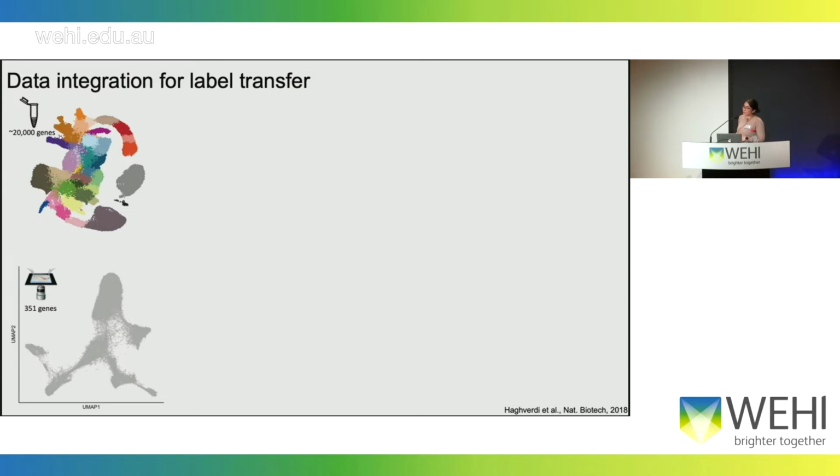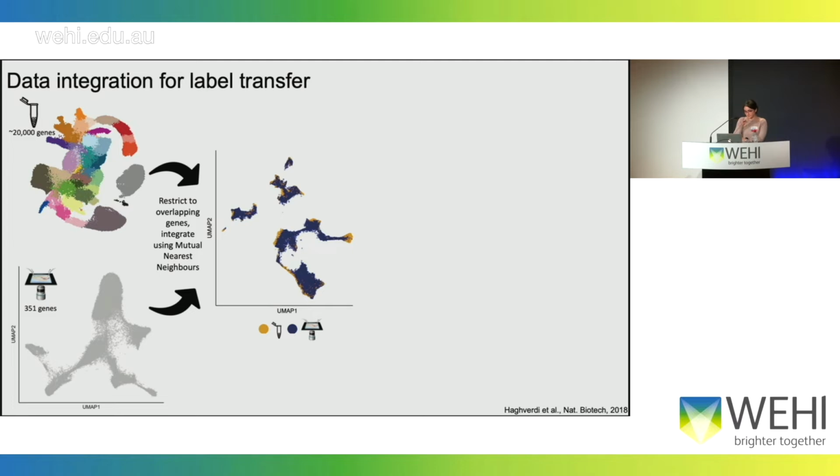At the top, we've got our UMAP from our transcriptomic atlas. At the bottom, we have our UMAP that we get from just taking the gene expression from the seqFISH data. Our approach here was to perform data integration using mutual nearest neighbors.